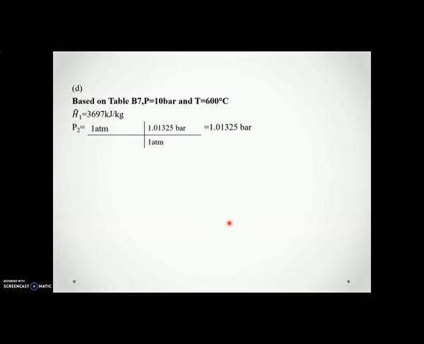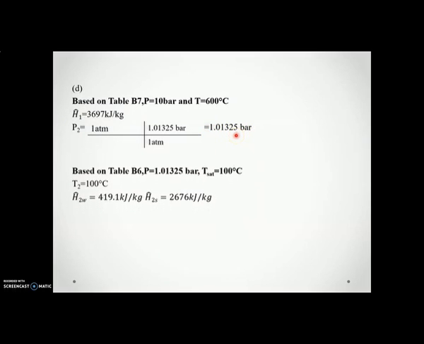So now we are going to find the value of H1. By referring to table B.7 at the pressure 10 bar and temperature 600 degrees Celsius, we are able to obtain the value of H hat 1, which equals 3697 kilojoule per kg. And then we can convert the P2, which is 1 atm, into 1.01325 bar to find the value of T2.